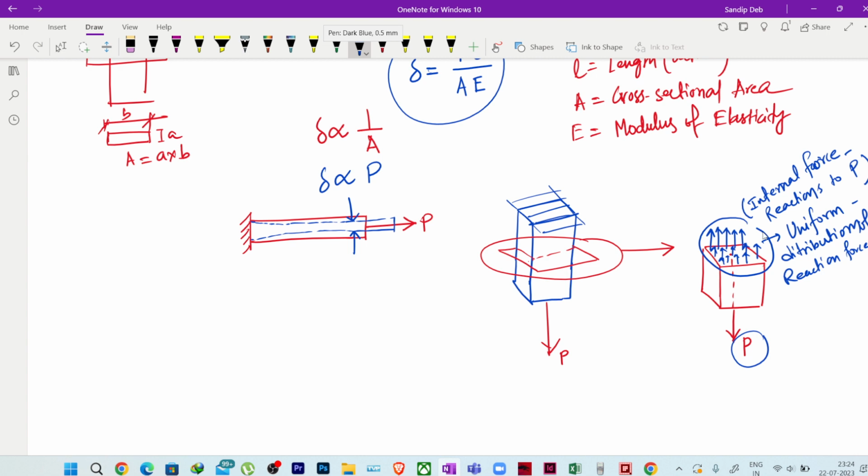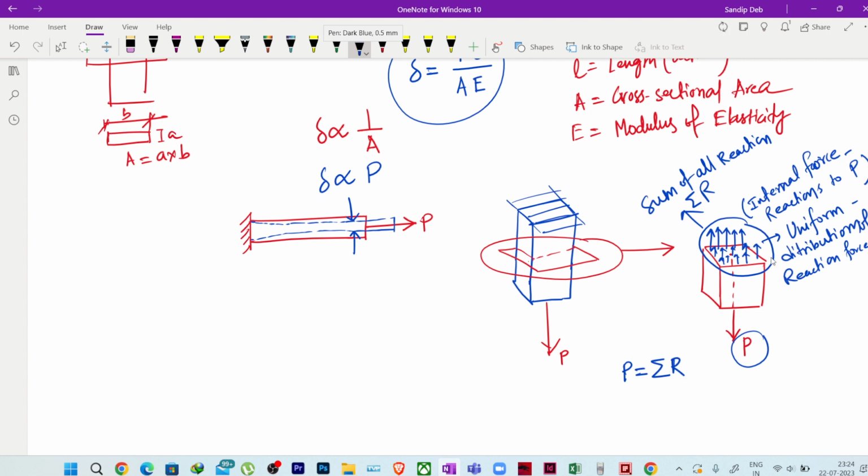So if we sum all forces, all reactions, okay, suppose summation of R, we will see that P should be equal to summation of R, because we know the action and the reaction will be equal and opposite to each other, correct?